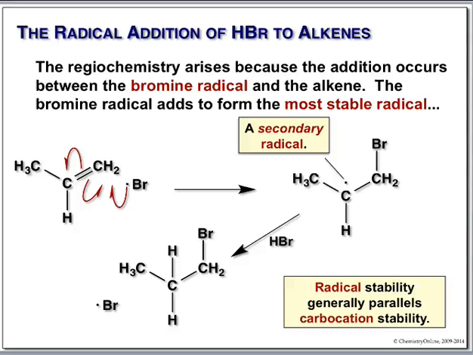Bottom line here, addition will always occur to form the most stable radical. That will then take a hydrogen atom from HBr to form what turns out to be the anti-Markovnikov halide.